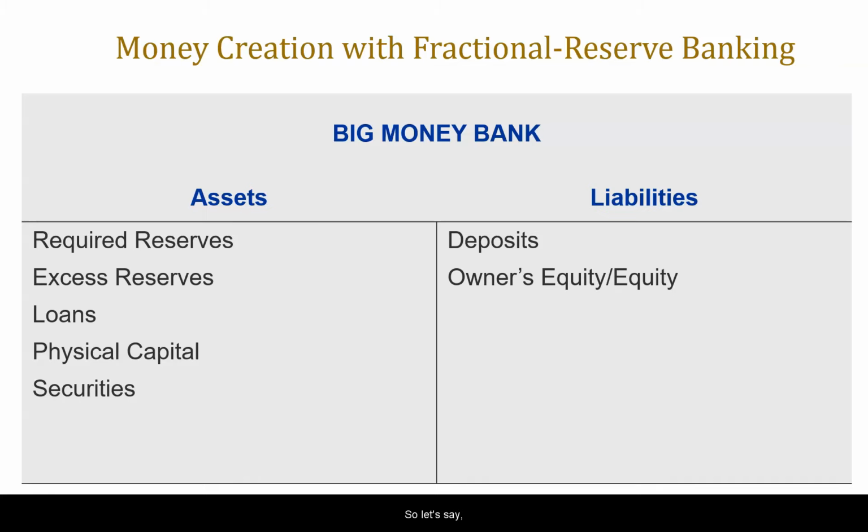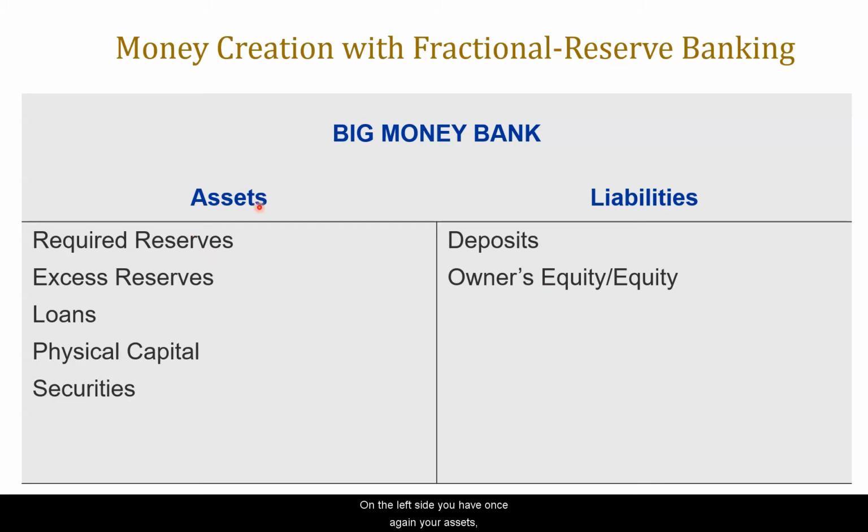So let's say we still have Big Money Bank, and with their balance sheet, a regular balance sheet would look somewhat like this. You have liabilities, and on your right side, you have deposits and owner's equity, or simply equity. Owner's equity represents the owner's share that they have invested in the bank.